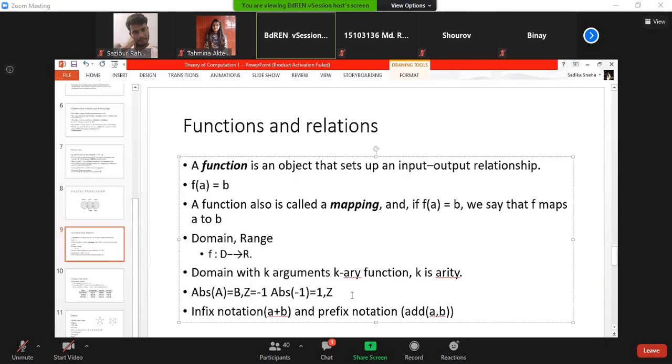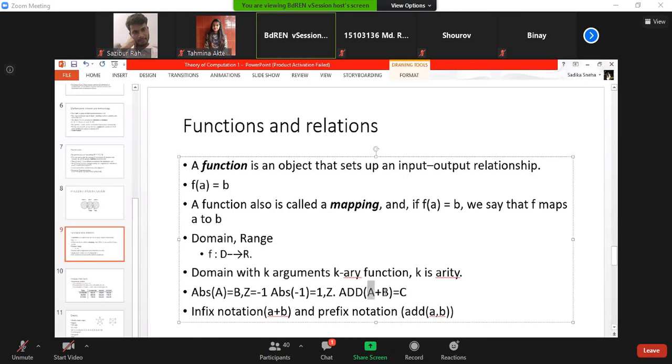Now a binary function, so that is not related to this. Say add. Add is a binary function that is being performed on 2 elements. Add obviously will be performed on 2 elements, say a plus b, and it will be equal to c.